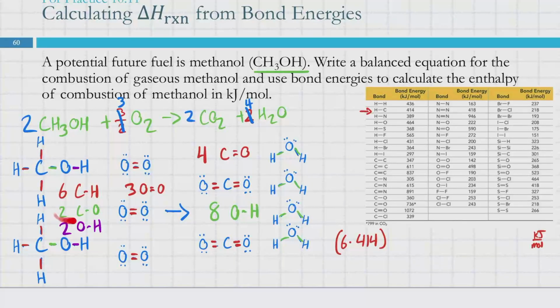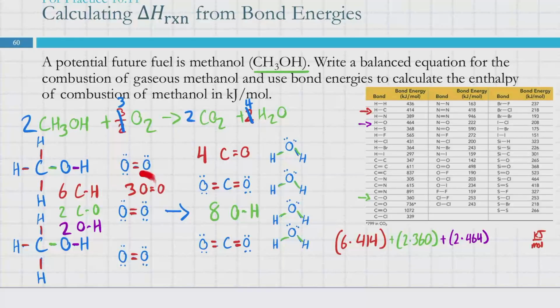We also need 2 COs. We find our CO, it's still in the first column, it's 360. Two times 360. We also have 2 OHs. It's the same as HO. So plus 2 times 464.